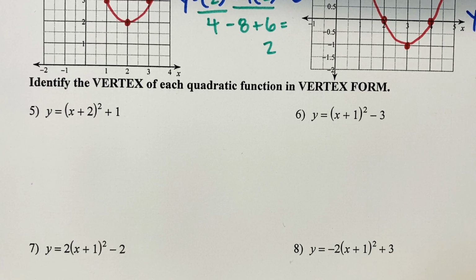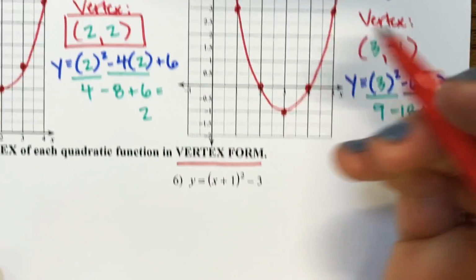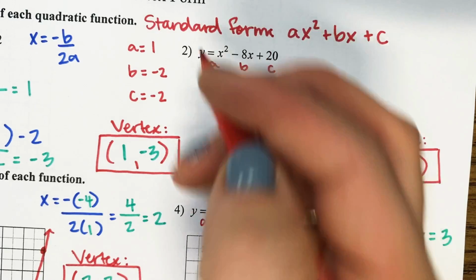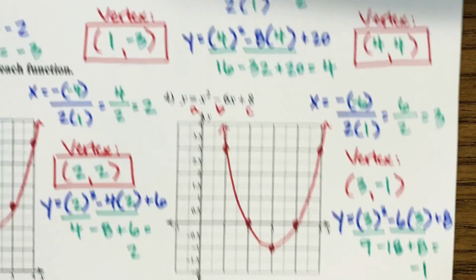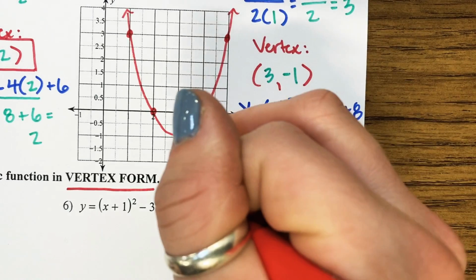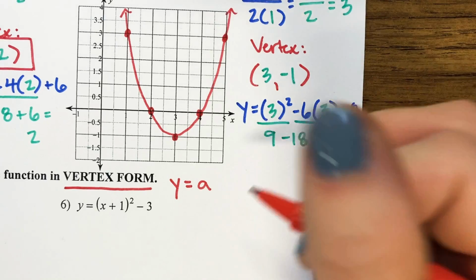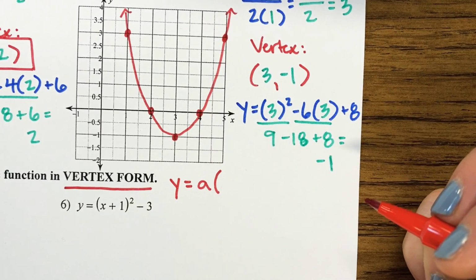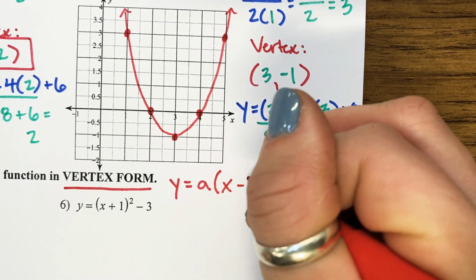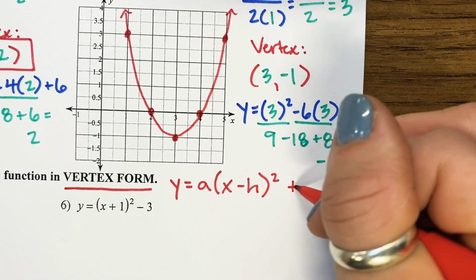Okay, so vertex form. Let's go ahead and write vertex form because we wrote standard form up here. Okay, vertex form is written as y equals a, so we still have an a, parentheses x minus h squared plus k.